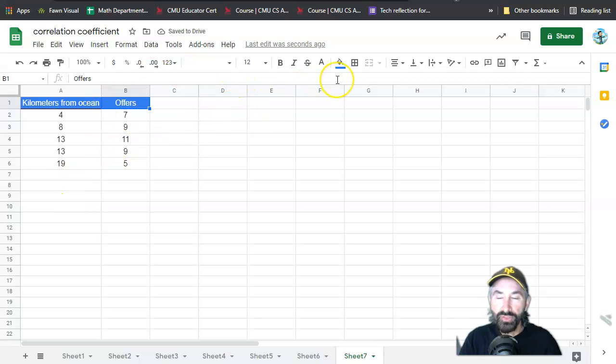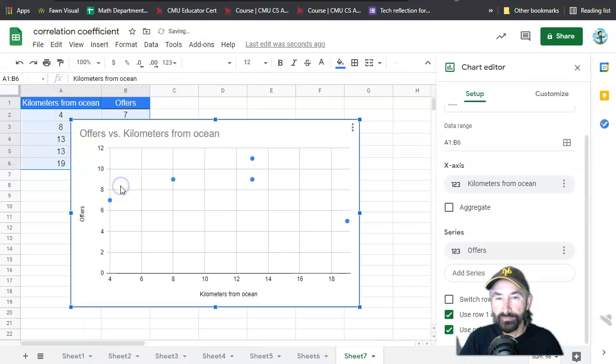Now, one thing before we dive in and look at the correlation coefficient, as a statistics teacher, I think it's really important that we also be able to visualize the data. So I'm going to highlight all the data, including the names of the columns, and I'm going to say Insert Chart. And then we can actually see the dots plotted out on a graph.